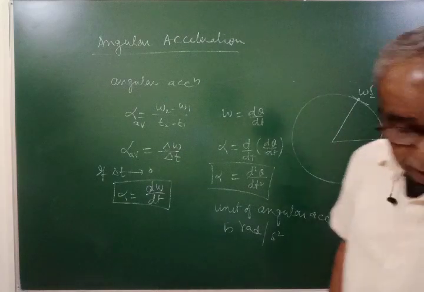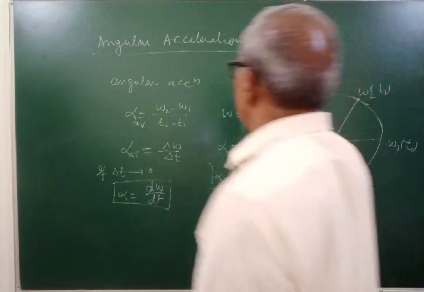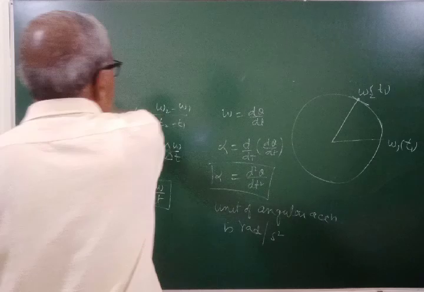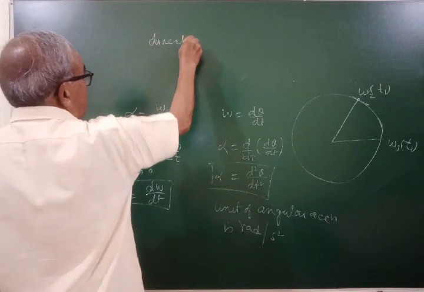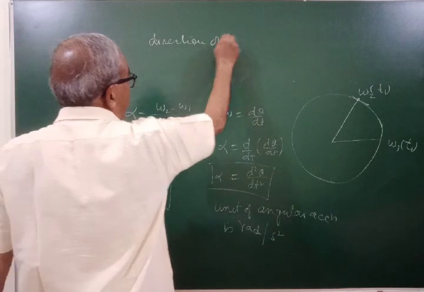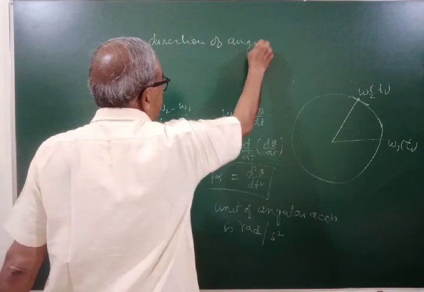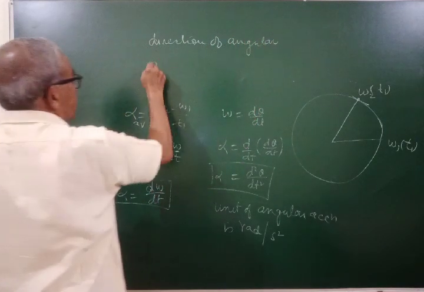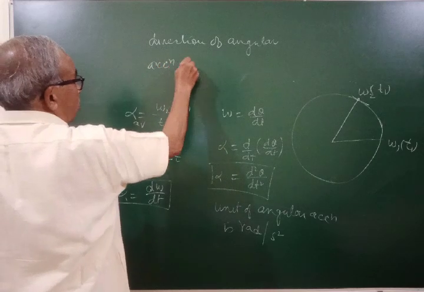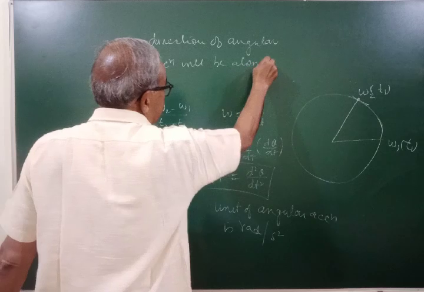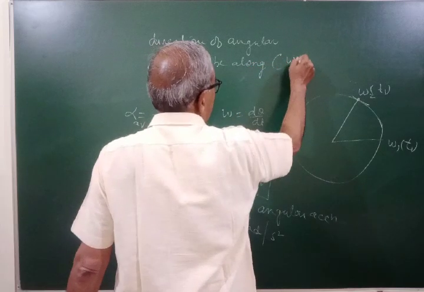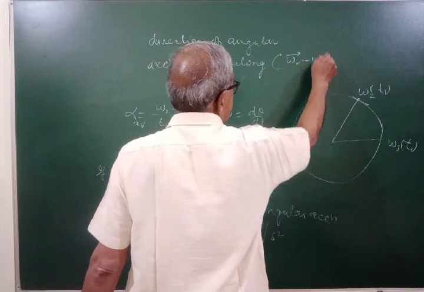Angular acceleration is also a vector quantity, and it will be along the change in velocity. The direction of angular acceleration will be along omega 2 minus omega 1.